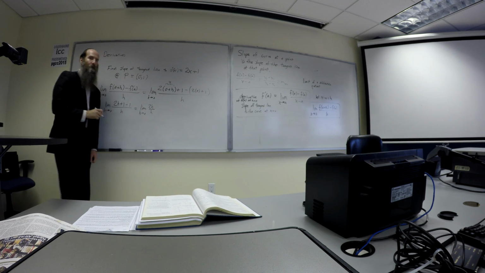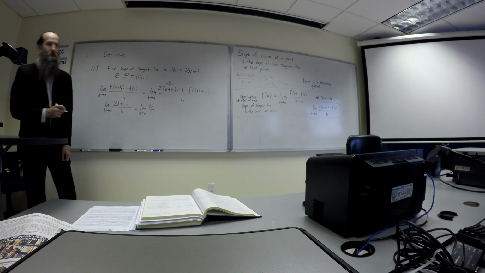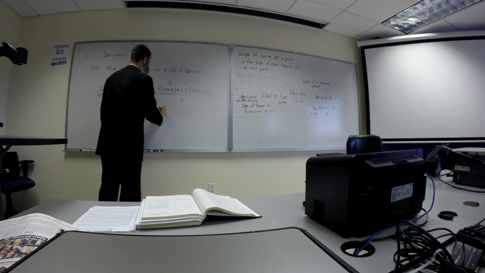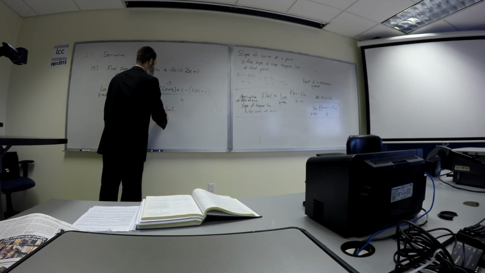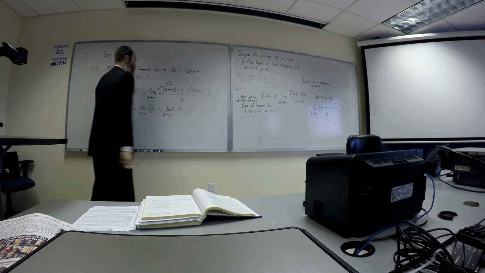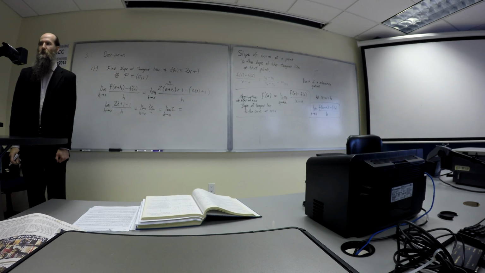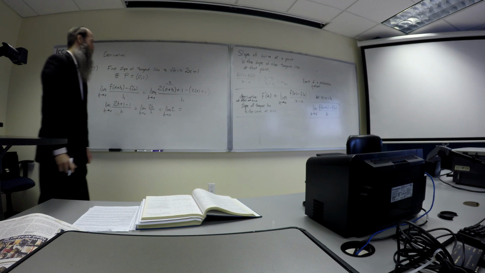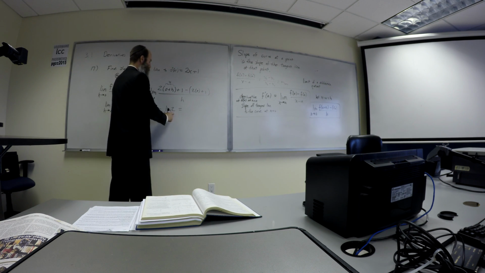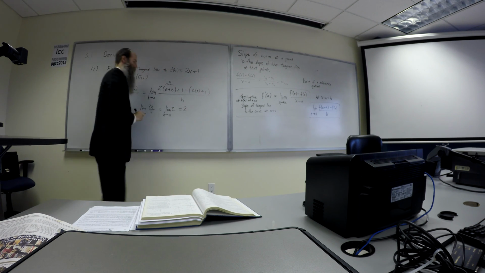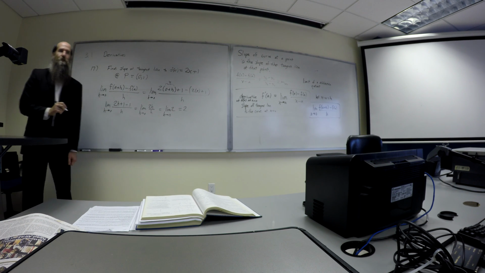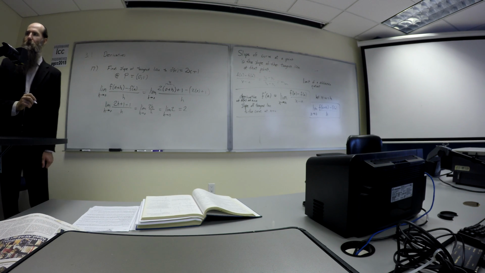There is our hidden factor of h. h over h is 1. So we get the limit of 2 as h approaches 0. What is the answer? 2. Right? The limit of a constant is that number. Everybody agree? Limit of a constant?